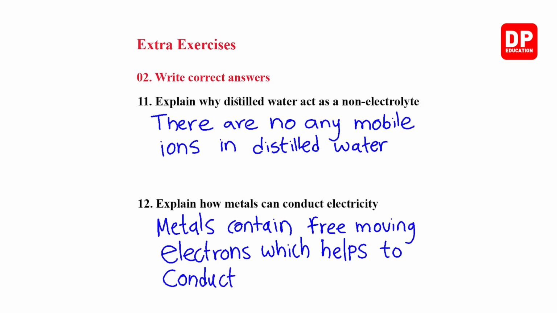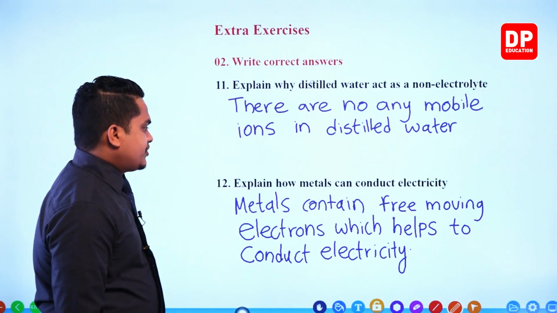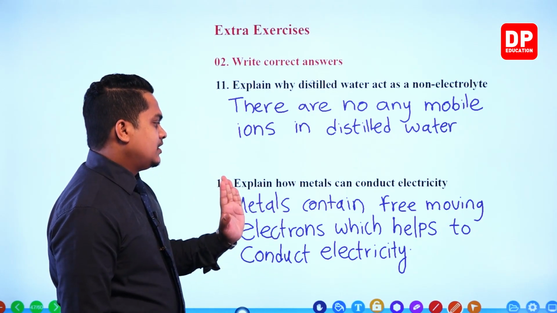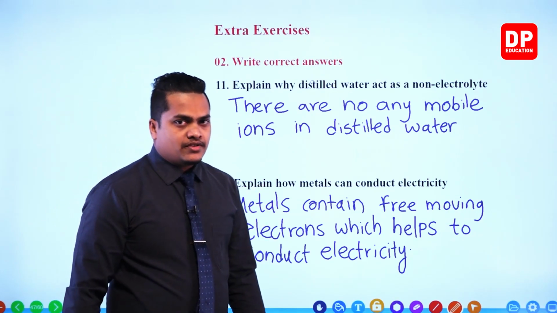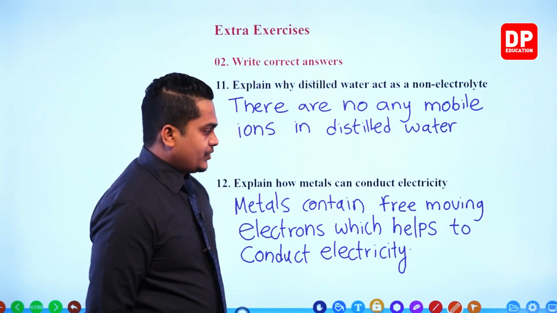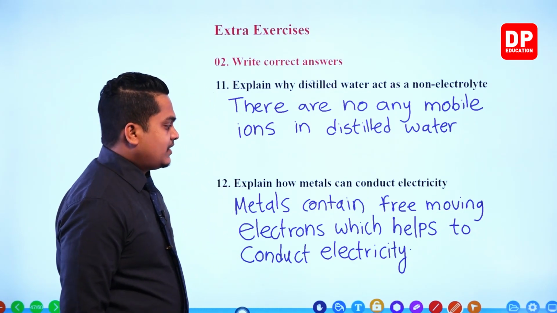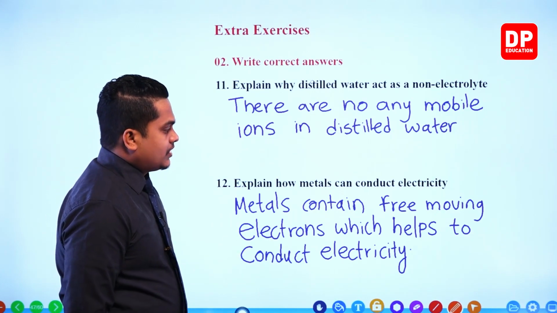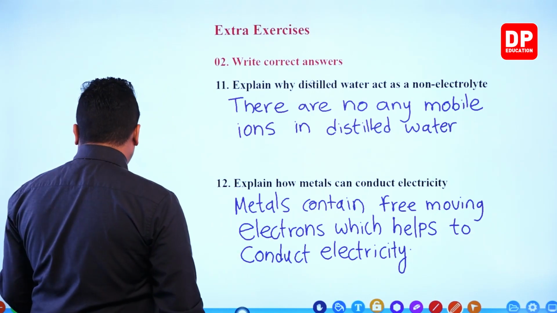So, metals contain free moving electrons which help to conduct electricity. So, my dear children, because metals have free moving electrons, these free moving electrons will help to conduct electricity in metals. Right then, the next question.